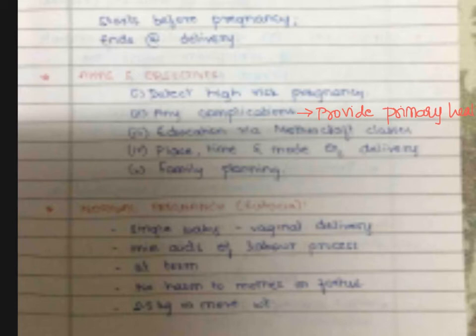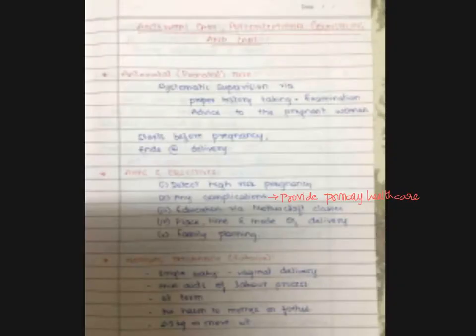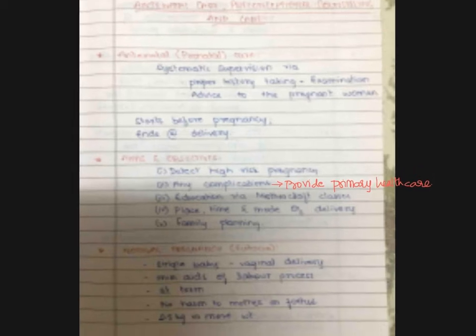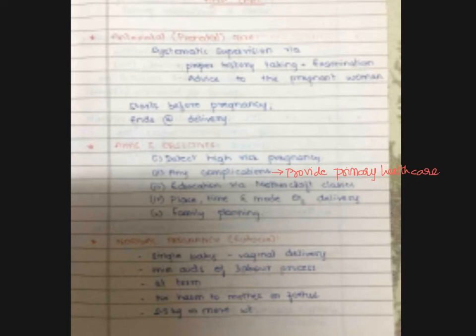It should be through vaginal delivery, it should have happened with minimal aids during the labor process, it should have happened at term, and there should have been no harm, injury or discomfort to the mother or to the fetus. The fetus should have a healthy weight of greater than 2.5 kg. Any alteration from the normal pregnancy is called dystocia.